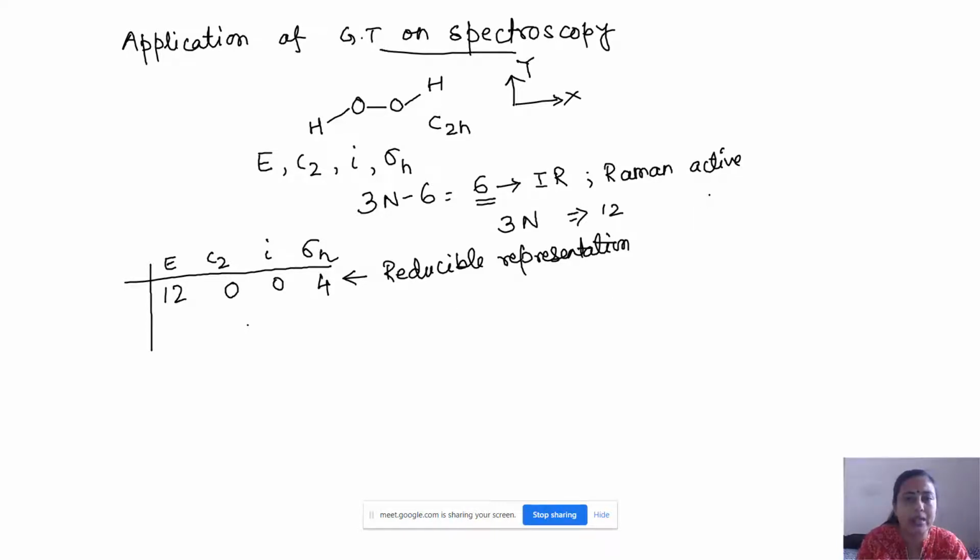So let us quickly write the character table.